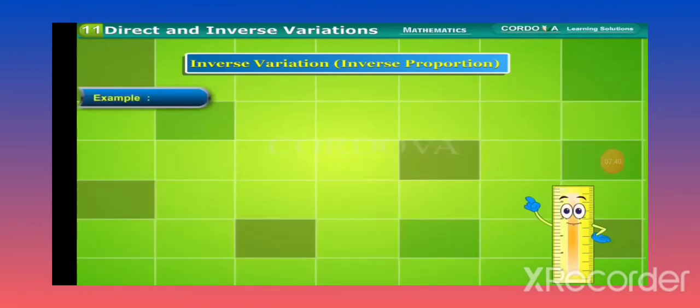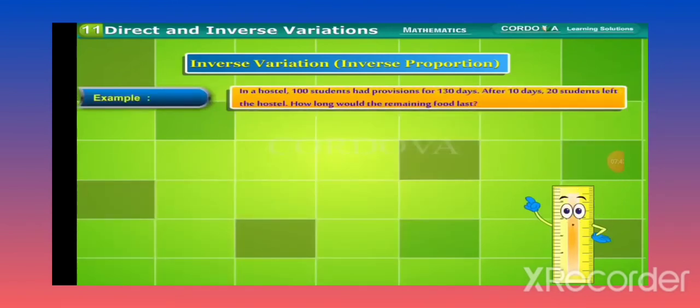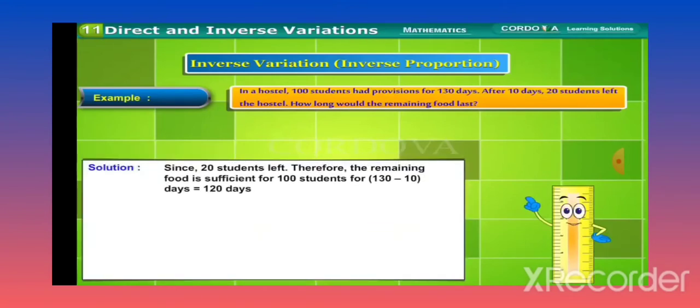Example: in a hostel, 100 students had provisions for 130 days. After 10 days, 20 students left the hostel. How long would the remaining food last? Solution: since 20 students left, the remaining food is sufficient for 100 students for 130 minus 10, which is 120 days.